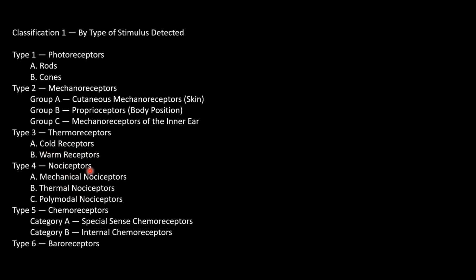Then we have nociceptors, which include mechanical, thermal, and polymodal nociceptors. After that we have chemoreceptors, which include 2 categories: category A for special sense chemoreceptors and category B for internal chemoreceptors. And at the end we have type 6, baroreceptors. So these are all the types of receptors that come under the type of stimulus detected.